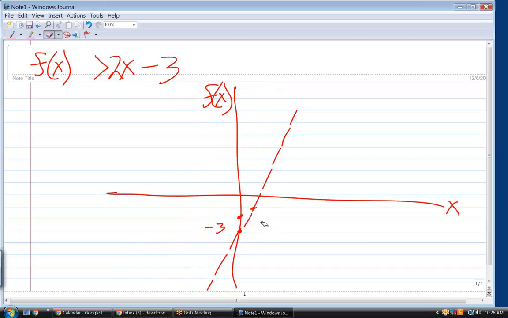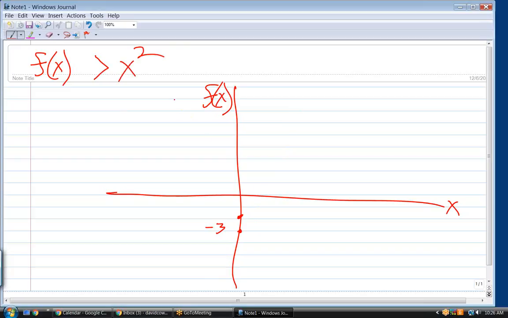Now, adding absolute value to the equation doesn't change much. So inequalities are always straight lines? No, they don't have to be. Let's put a parabola in there. In other words, if I have a quadratic, then it's a curved line.